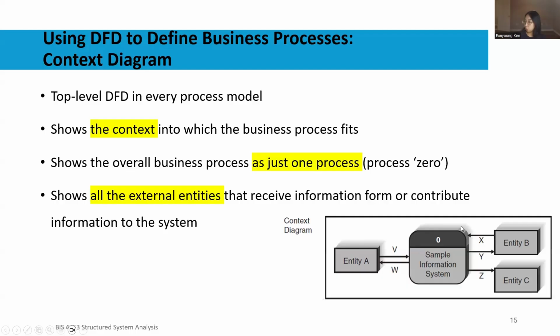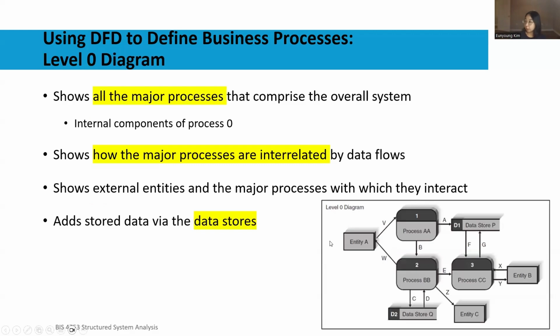So this context diagram will show such a very broad picture of this system, but we don't know how actually this system will work and what function and what data store it will use. So in the level 0 diagram, we will show the specific main activity, for example, for the manuscript management.